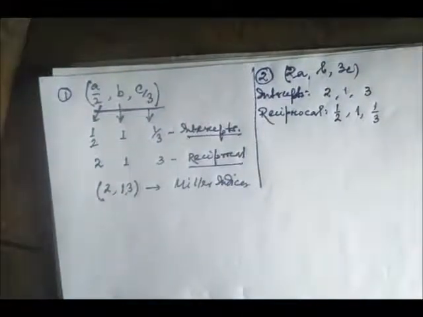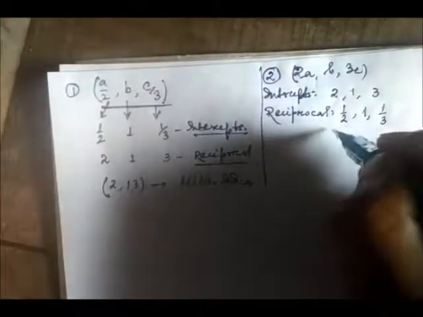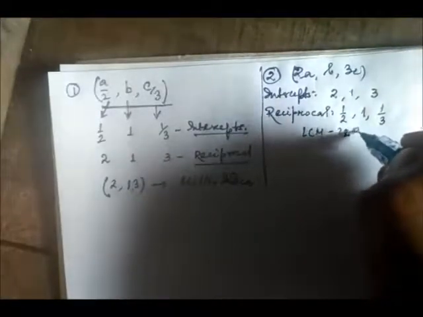Now clear this fraction. So you have to take the LCM of 2 and 3. So the LCM of 2 and 3 is 6, and multiply these 3 terms with 6.